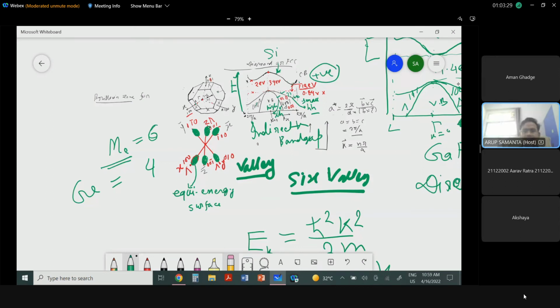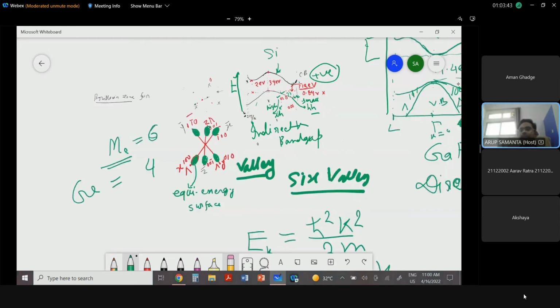This minima value may change, and then you have the problem in this energy. So those values are important. Some perturbation may happen whenever you apply something external to the material.